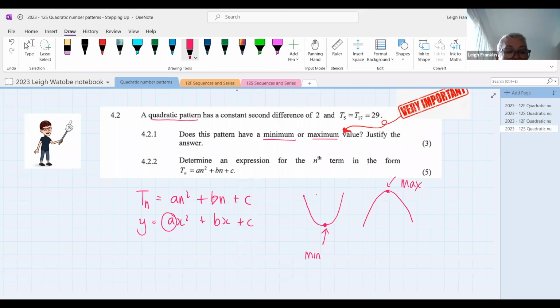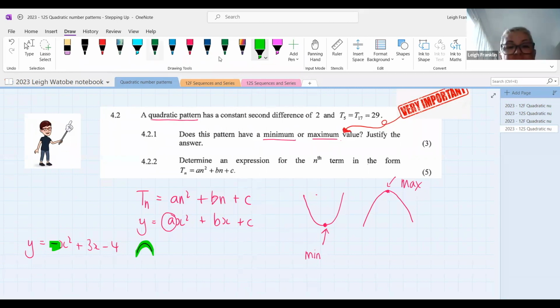All right, so if we've got something like y equals minus x squared plus 3x minus 4, then we know that this is sad face. Why? Because the coefficient of the x squared term is negative. That's what gives this a sad face.